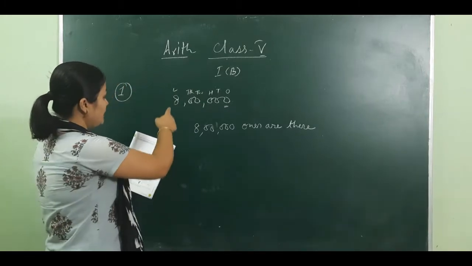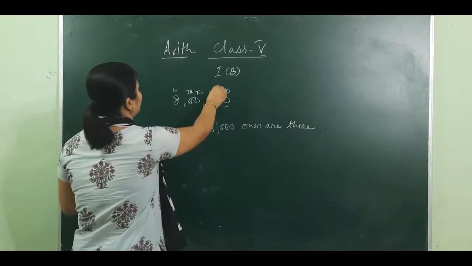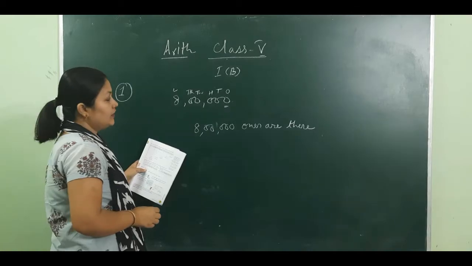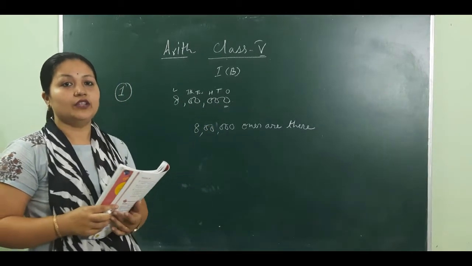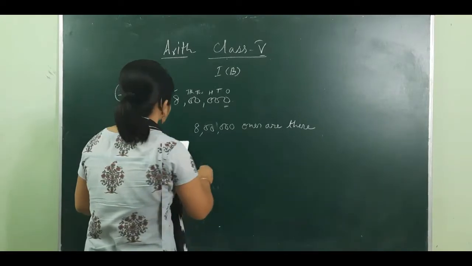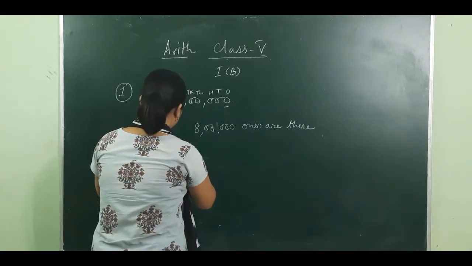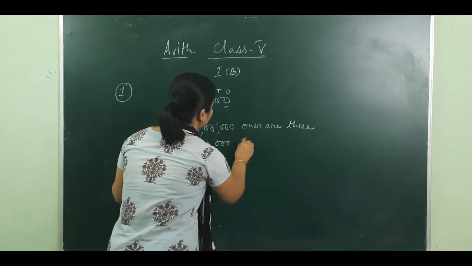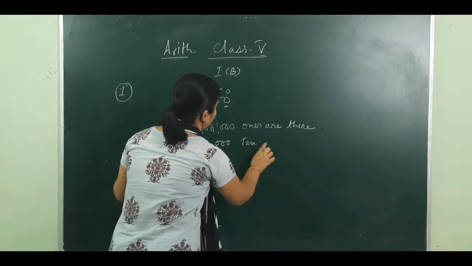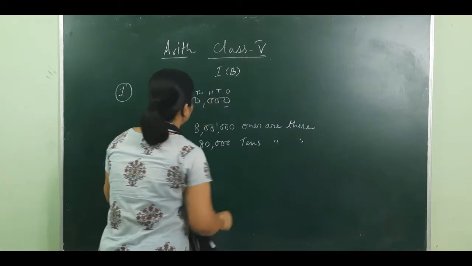Understand? The same if it comes to how many tens are there: you decrease one number, and then 80,000 tens are there. Ones means 80,000 tens are there.